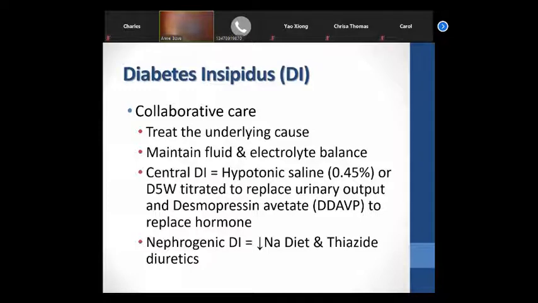The reason is that once D5W goes into the vasculature, insulin will carry it into the cell. So then what's left? Free water. Whereas normal saline is going to stay in solution in its concentration.